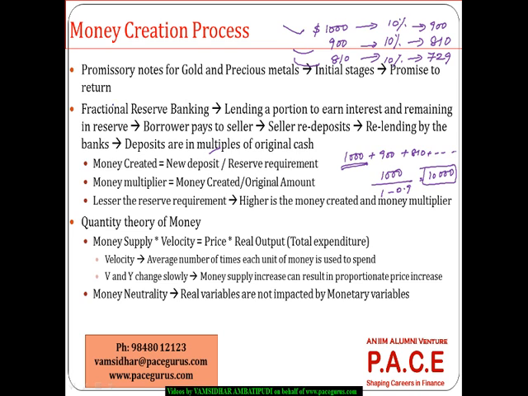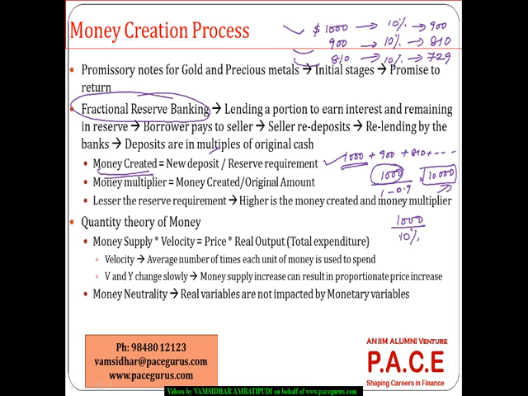So this has given rise to growth in the banking system, the fractional reserve banking mechanism. Deposits are typically in multiples of the original cash. So the overall money that got created in the process is 1000 rupees divided by the reserve requirement. We said 10%, so that's the reason we got 10,000.